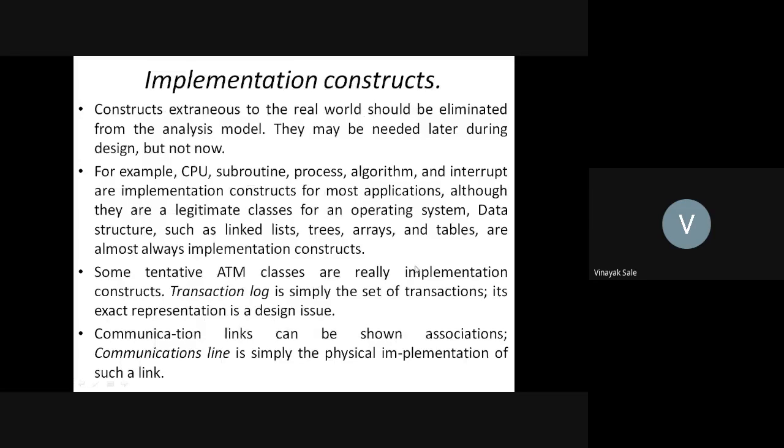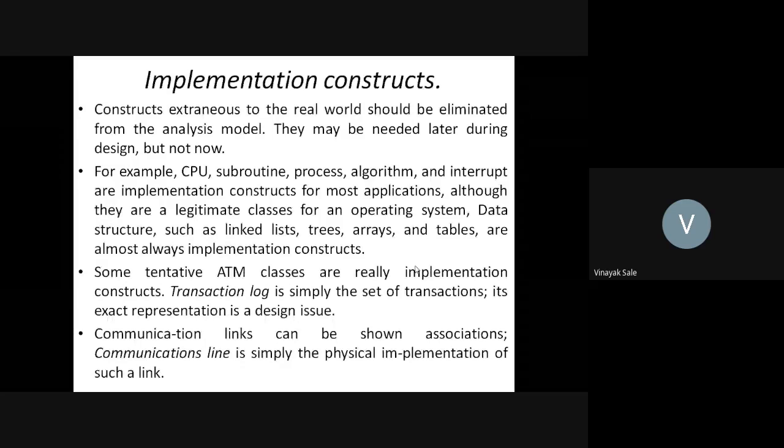Then implementation constructs extraneous to the real world should be eliminated from the analysis model. They may be needed later during the design, but not now. For example, CPU, subroutine, process, algorithm, and interrupt are implementation constructs for most applications, although they are legitimate classes for an operating system.